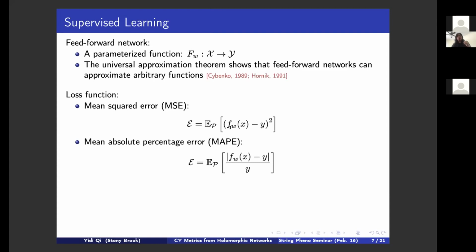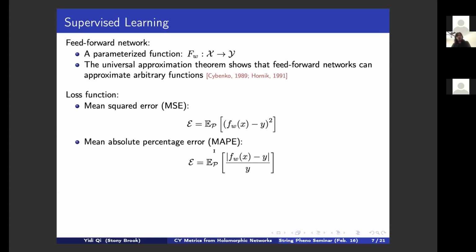It's basically the average of the square of your network's prediction minus y, which is the true value of the output, or sometimes we call it a label. So you measure the differences from your prediction to the true value, and then you take the average. A similar example is the mean absolute percent error, which is called MAPE. It's basically the same thing, and you can choose all different kinds of loss functions for your questions, and they may have different performance.